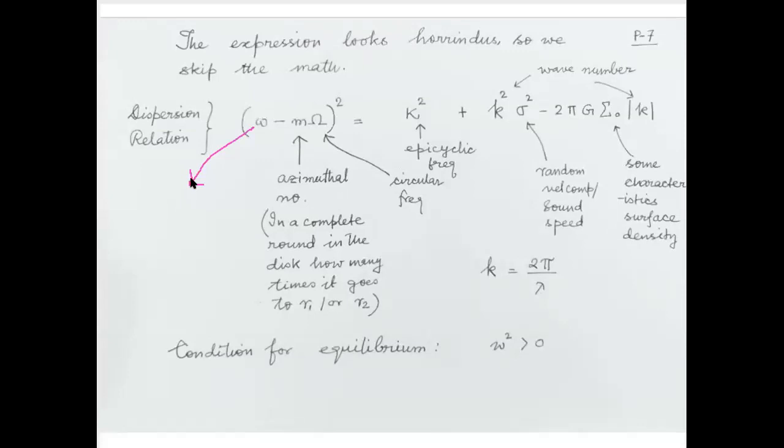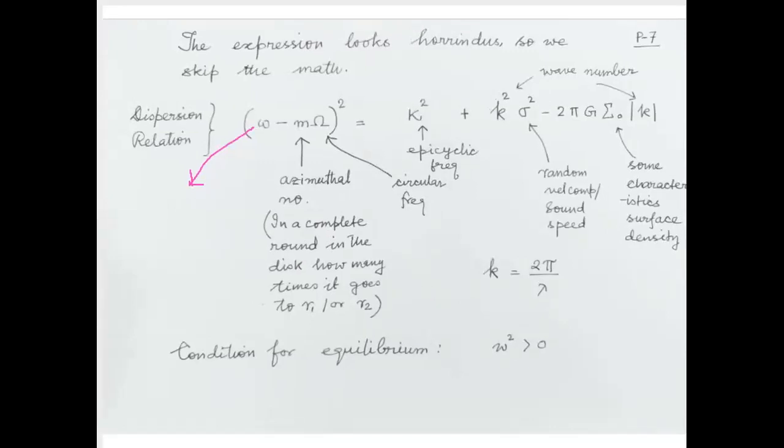So it's the oscillation frequency of the perturbation. This is the azimuthal number. So remember, this is in a complete rotation. If I am having an ellipse, so this is not a very good ellipse. Let me draw it again.